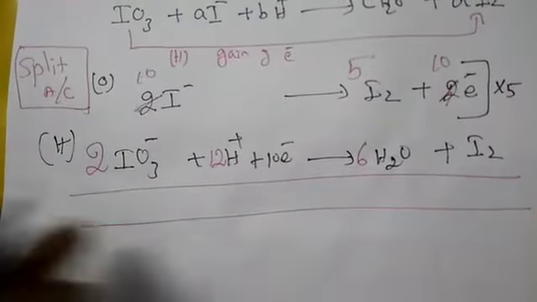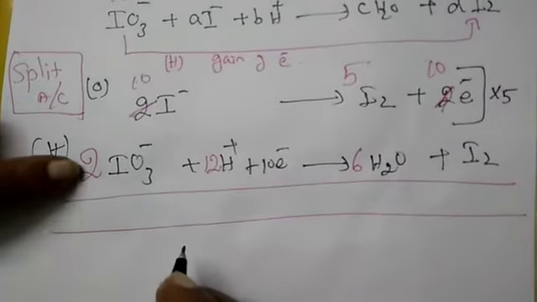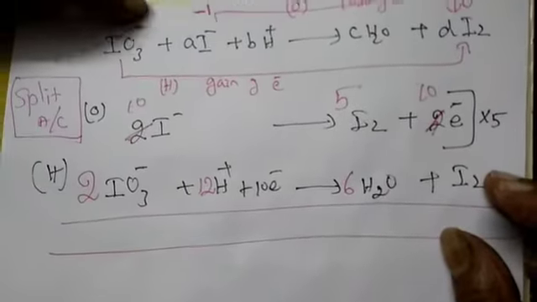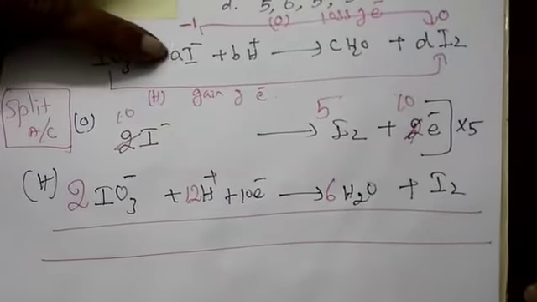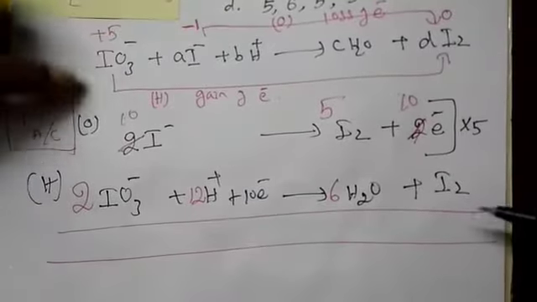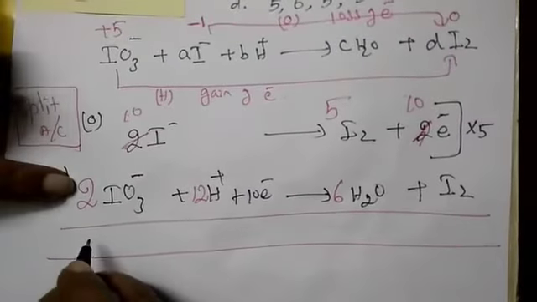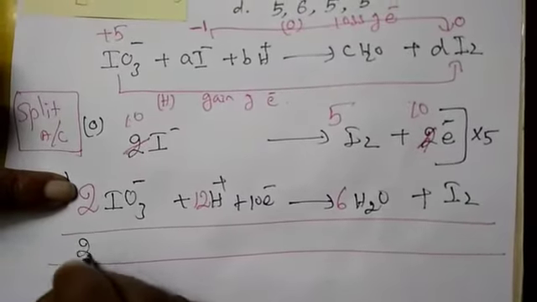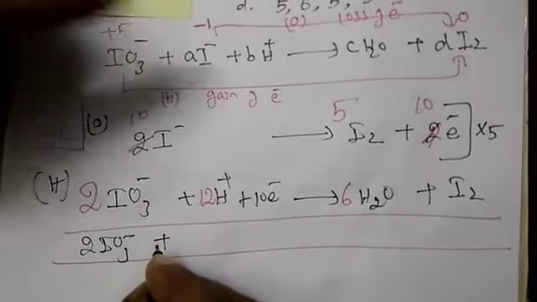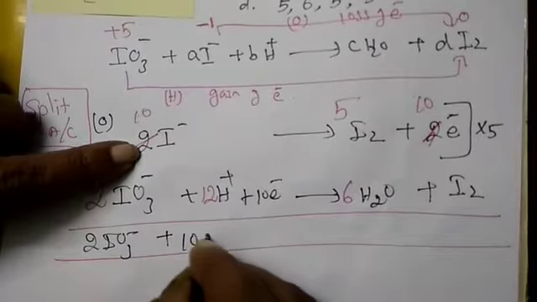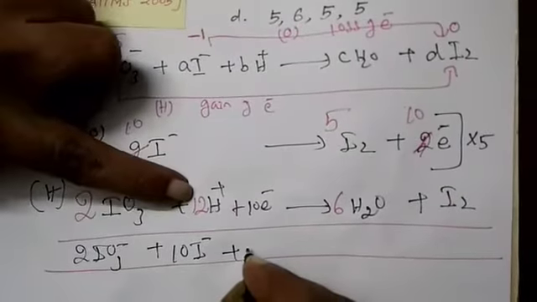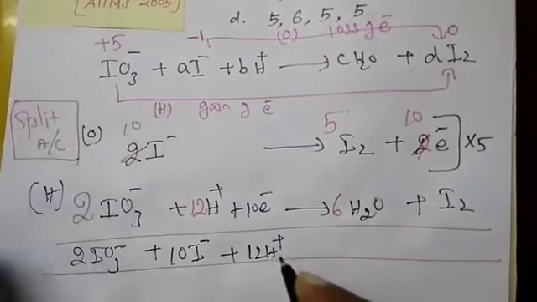Now we have to add both reactions. Let me write here. Whenever you are adding, you maintain the order, because our task is A, B, C, D. So write maintaining the order: 2 IO3 minus plus 10 I minus plus 12 H plus.